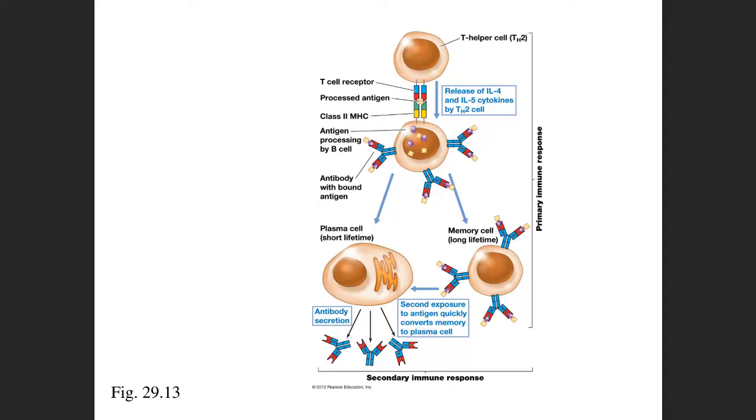So now, what about the B cell activation? Well, okay. If you look at the B cell, it actually has antibodies and the T cell receptor, the MHC complex too, right?